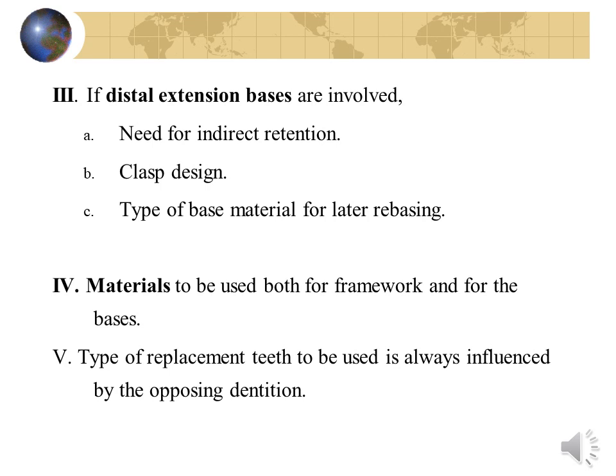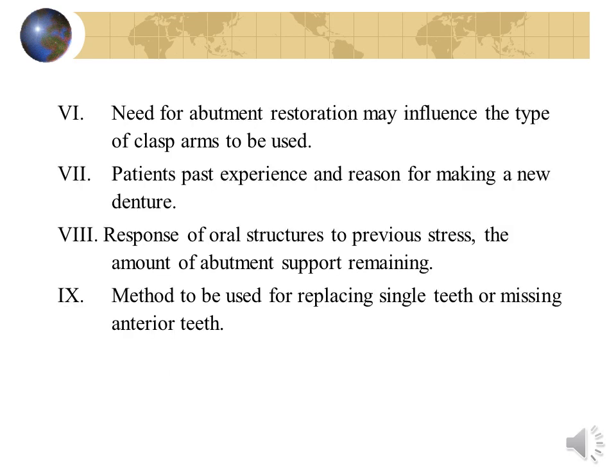Fourth, materials to be used for framework and bases can influence RBD design. Fifth, type of replacement teeth to be used is always influenced by the opposing dentation. Need for abutment restoration may influence the type of clasp arms to be used.